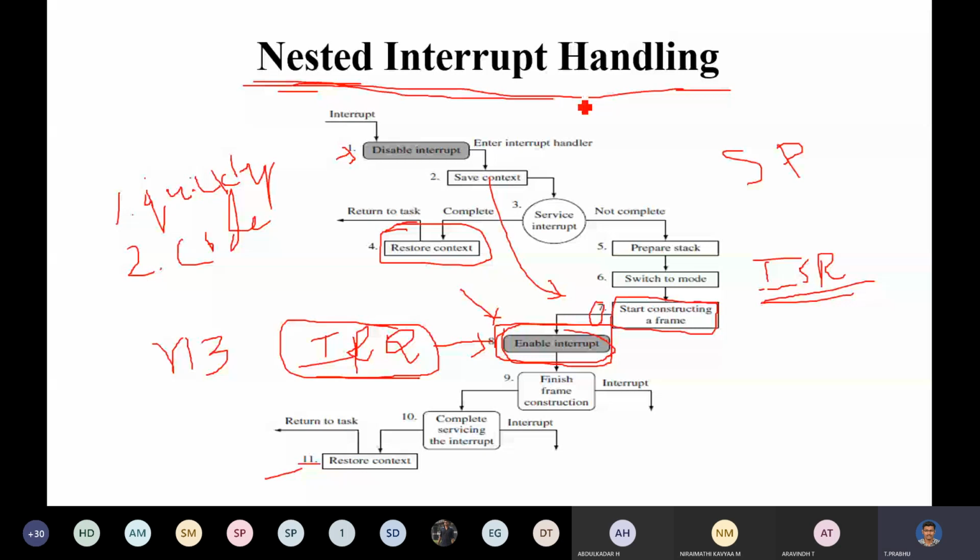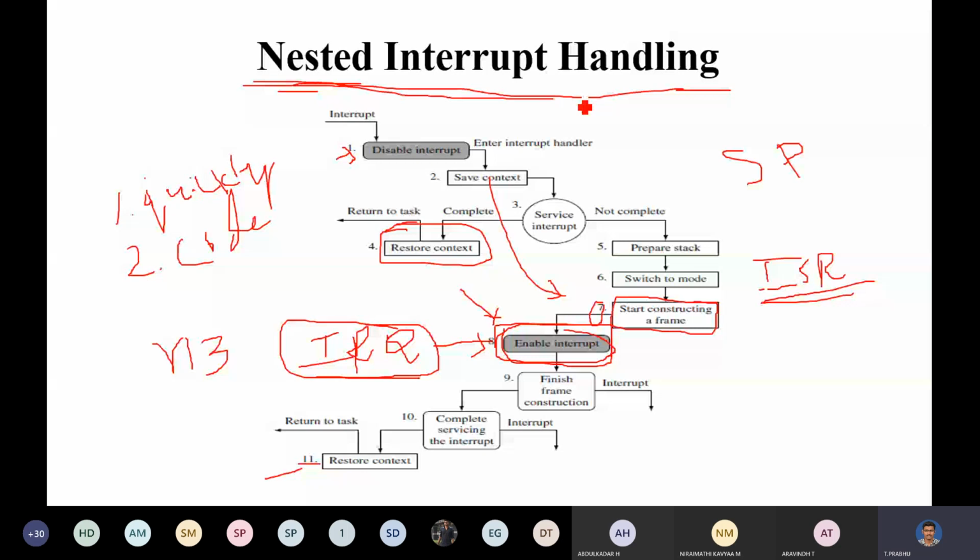You can find the difference: it is enabling the interrupt. After that process, it will complete the first one, and next it will be connected.